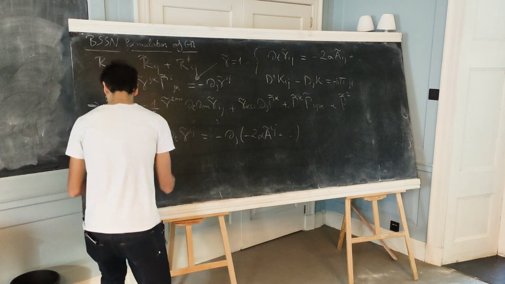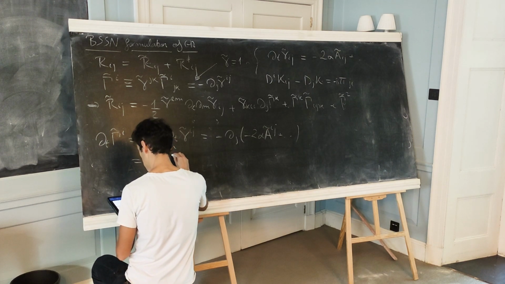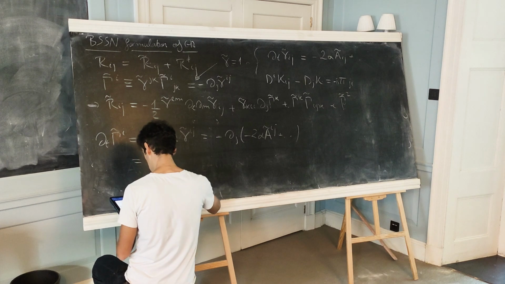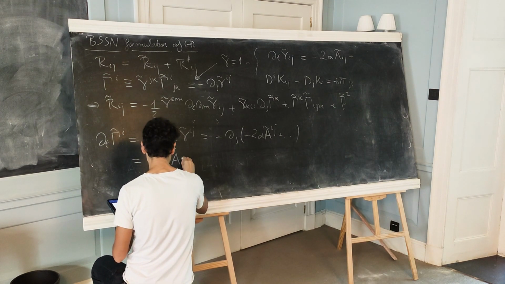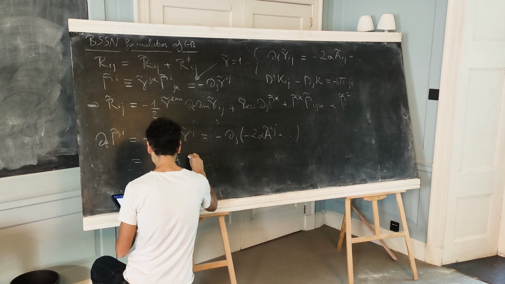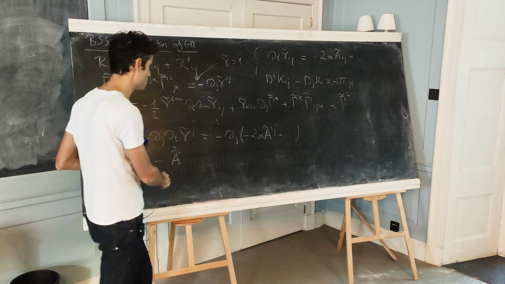Now, how can I write this? So this term will now have A multiplying derivatives. So A appears with no derivatives now, if you use the momentum constraint.